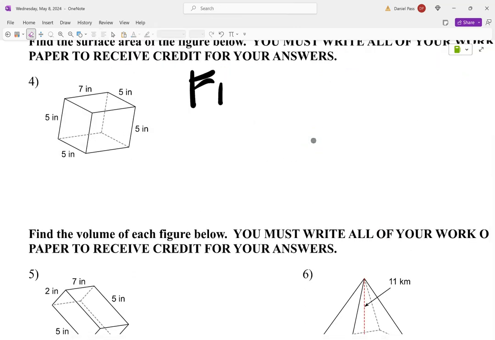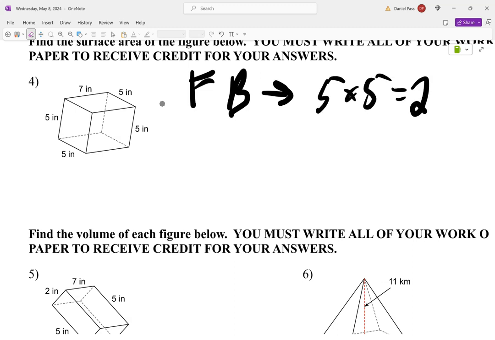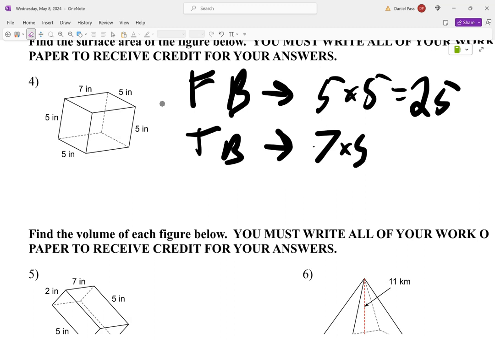It really doesn't matter as long as you get all 6 sides. Front and back is 25 times 2. 5 times 5 is 25, and then I multiply 25 times 2. Well, let's do that after. So what's next? I do top and bottom, so I do 7 times 5, that's 35.